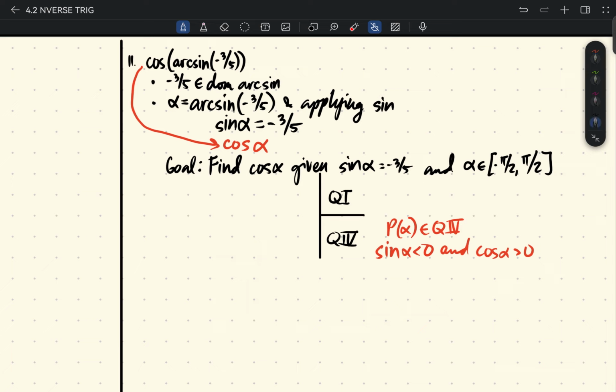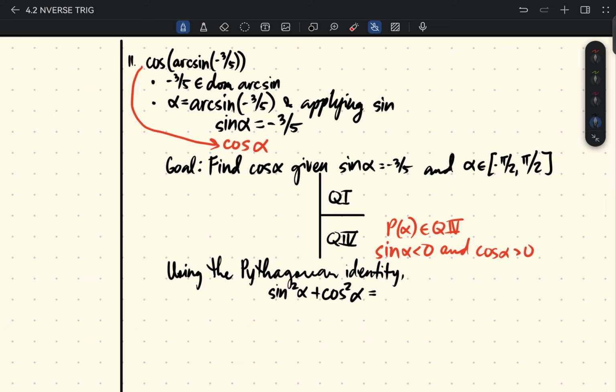I guess I want to use identities. So what's an identity relating the sine and cosine function? Using the Pythagorean identity, we have here sine squared alpha plus cosine squared alpha equals 1. And so we will just solve for cosine alpha here.